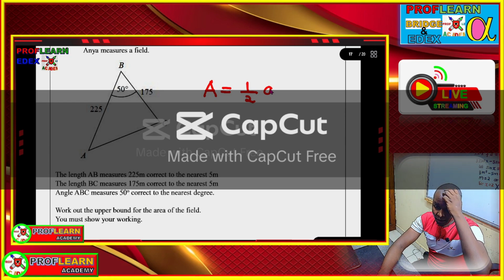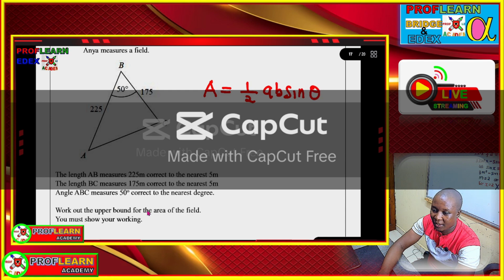Now, we are supposed to work out the upper bound of the area. We know area is half base sine theta, half AB sine theta. But to find the upper bound of the area of that triangle, we are going to say a half times A upper bound times B upper bound and times sine upper bound.